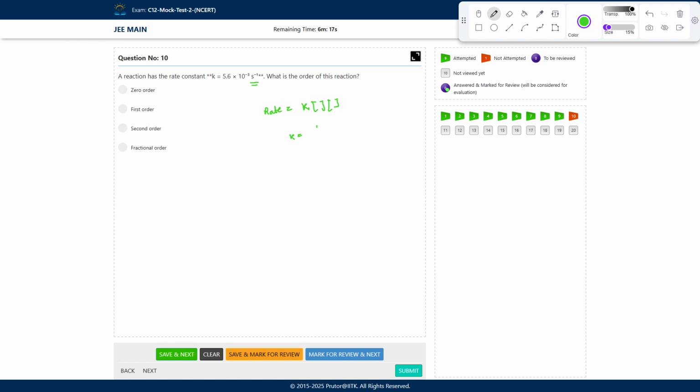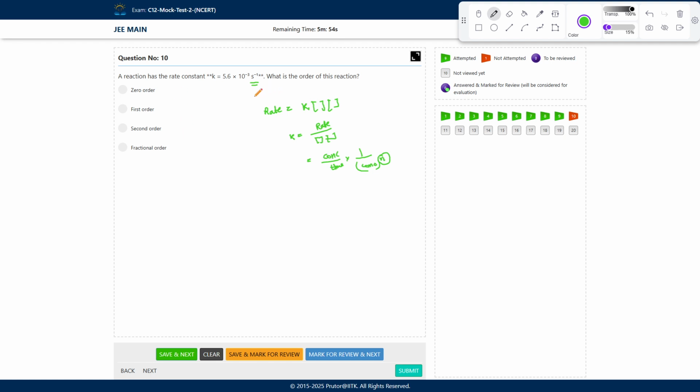So the rate constant will be rate upon the concentration of reactants. So its unit will be concentration upon time, which is the unit of rate, multiplied by 1 upon the concentration of reactants to the power n, where n represents the order of the reaction.